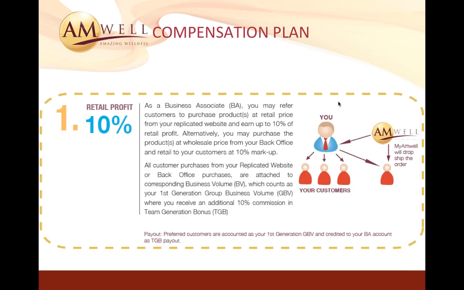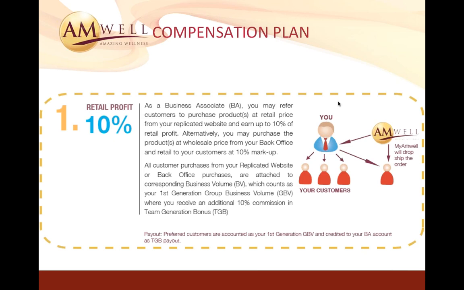So what a retail profit is: 10% retail profit basically says as a business associate or BA, you may refer customers to purchase product at retail price from your replicated site and earn up to 10% retail profit. Alternatively, you may purchase the products at a wholesale price from your back office and retail it to your customers at a 10% markup.